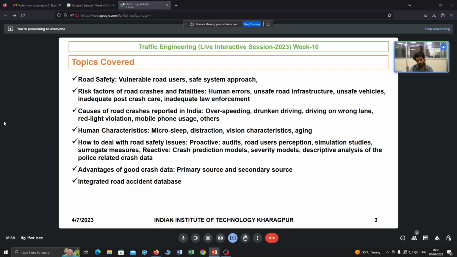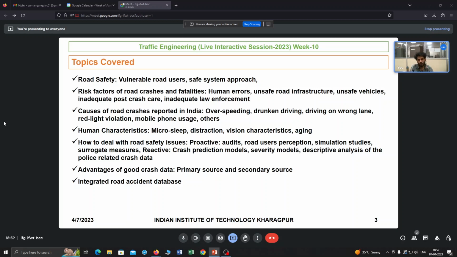So we talked about how severe accidents are and what factors cause them. Then, in India, what are the reported causes of road accidents. Then we also talked about how human characteristics impact road accidents.